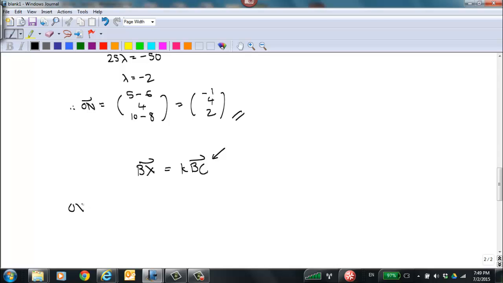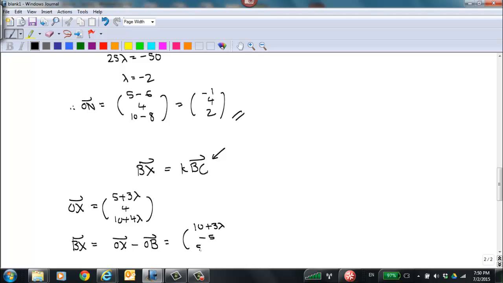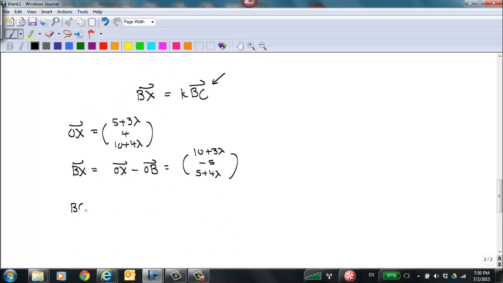Just now, I already stated that OX will take the expression of the line, which means that BX will be equal to OX minus OB. You can do it yourself. Your expression should be 10 plus 3 lambda, minus 5, 5 plus 4 lambda. And if you work out BC, the answer will be 6, minus 30, minus 42.